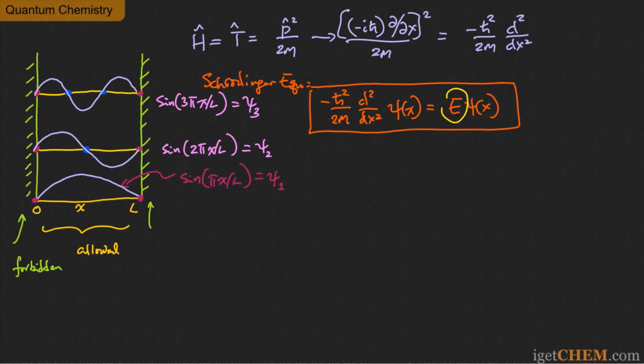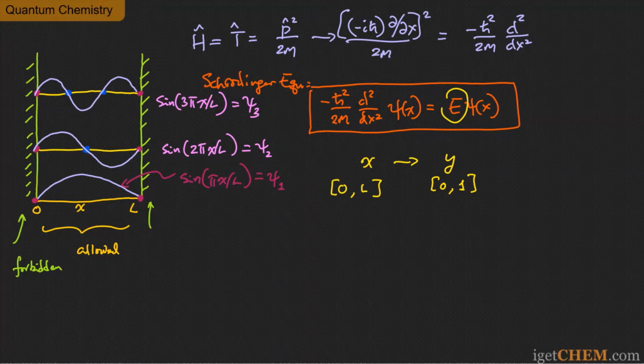transformation of coordinates, so that instead of x going between 0 and L, I'm going to transform that into a new coordinate y. So in this case, x is between 0 and L, but after the transformation, I want my y to go from 0 to 1.